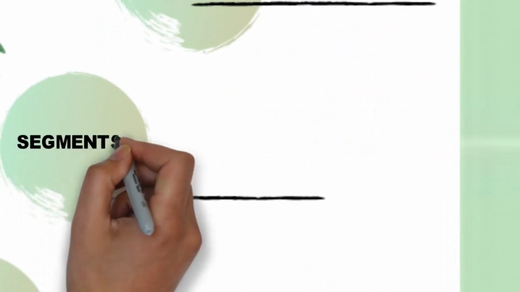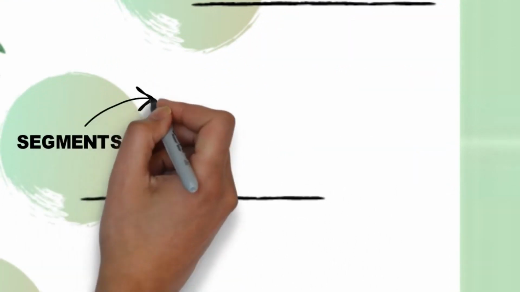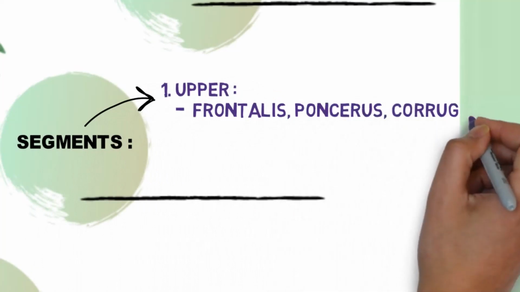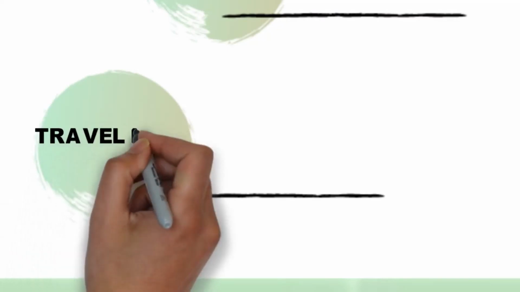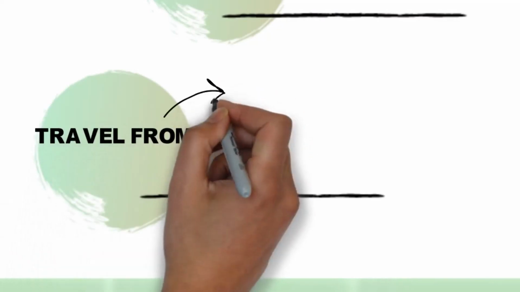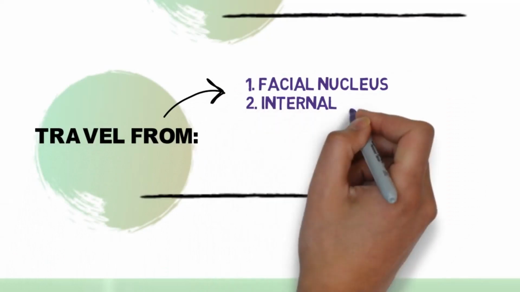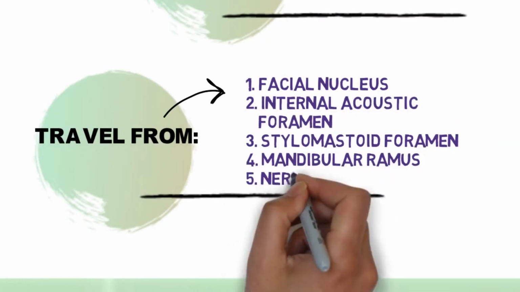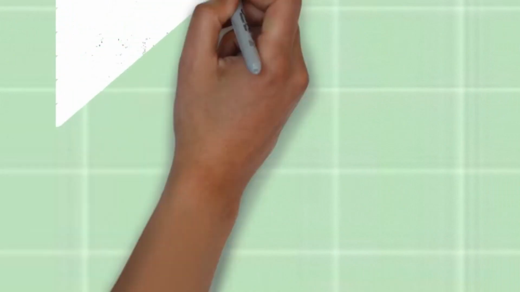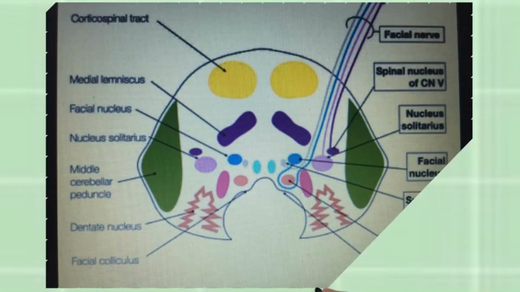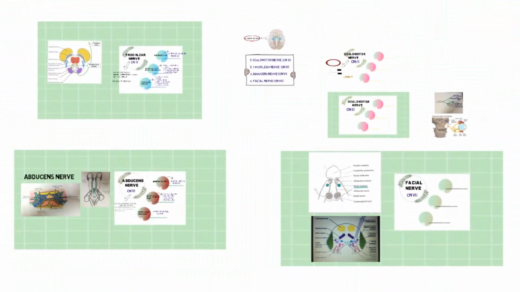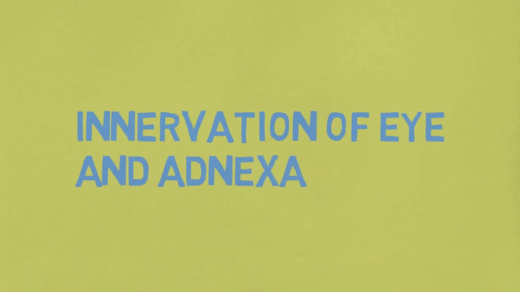There are also two segments divided into upper and lower of the facial nerve. Innervation of eye and nose.